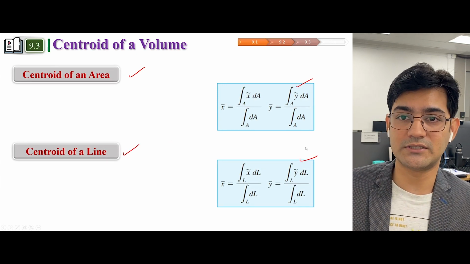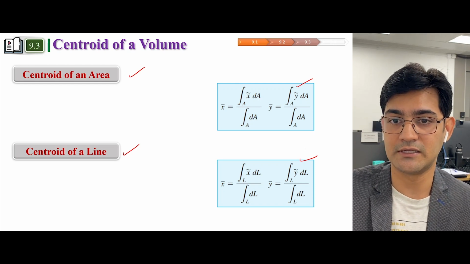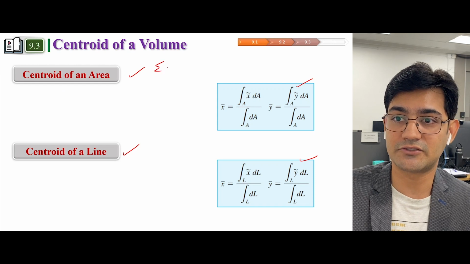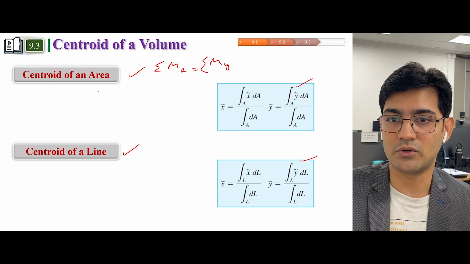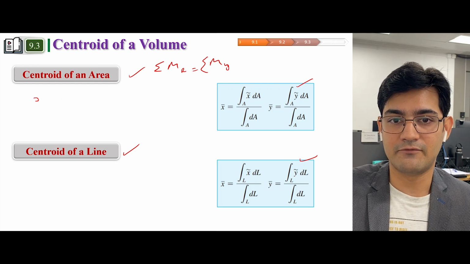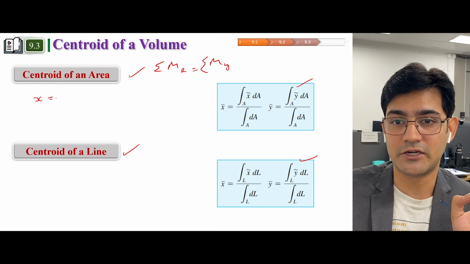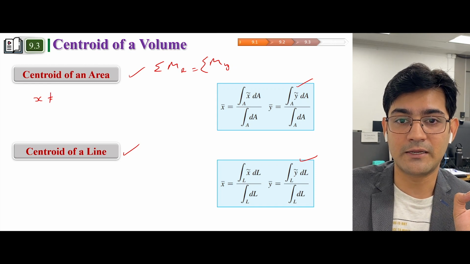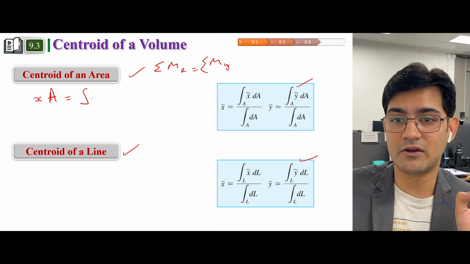Now all these equations which I have mentioned here are actually somewhat the same. They were extracted from equating the moment, where the summation of moment along any axis is the same. So if we have to calculate, for example, the centroid of an area, the centroid of an area multiplied by the total area is equal to the integral of the centroid of each individual area.